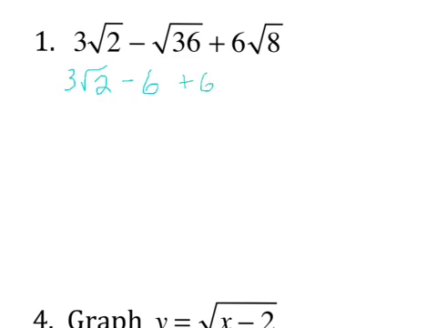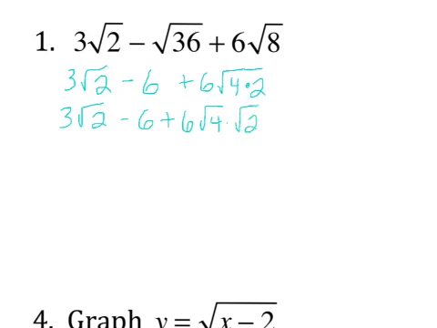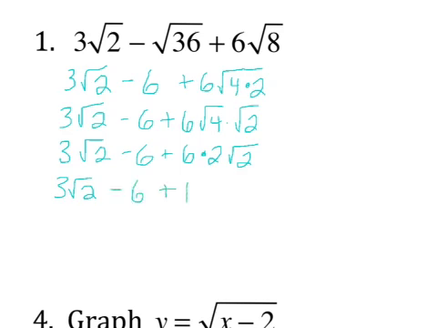We know that 8 is the same thing as the square root of 4 times 2, and we can further break that up as the square root of 4 times the square root of 2, and we know that the square root of 4 is 2. So now we have 6 times 2 times root 2, and you can multiply the 6 and the 2 together and make it a 12.